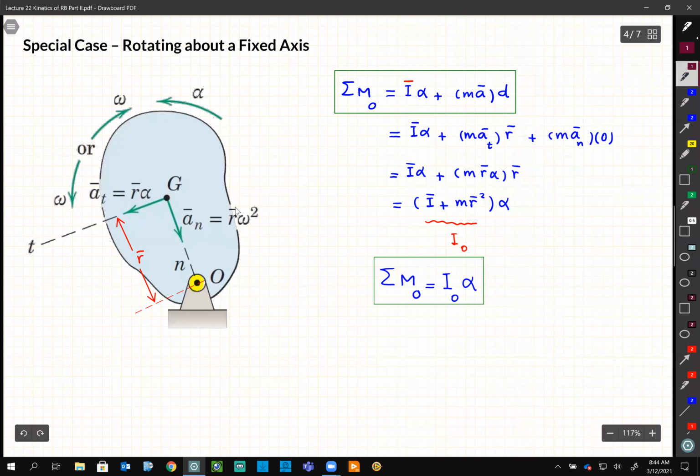And here is something that you should remember. We are only allowed to use this formula if O is a fixed point, a joint, like here, okay? Not for any other point. A fixed joint, or I'd better write, a fixed to the ground joint.